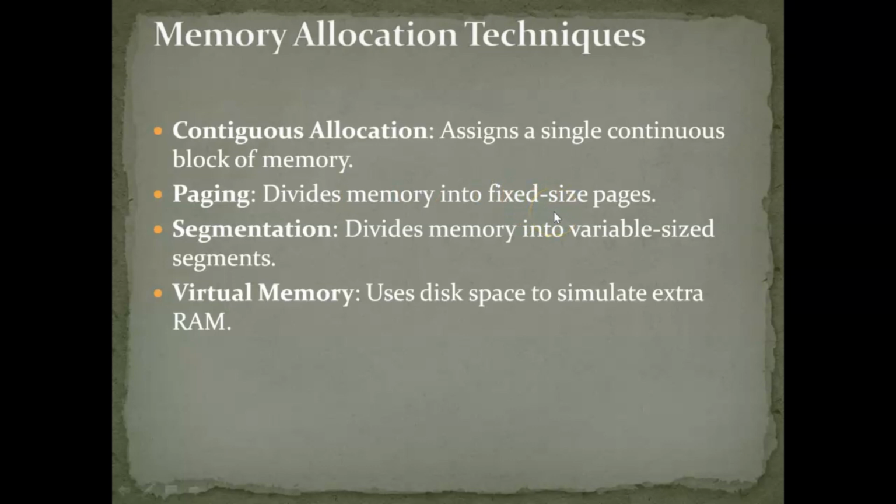We are not going in detail about all this, just knowing the definition of these terms. Segmentation, it divides your memory into variable size segments. And virtual memory, it is a kind of memory that is created to have that extra space in your memory or RAM. Okay, primary memory. So these are the methods how the allocation is done. Need not know in detail now, but let's know what are these terms.